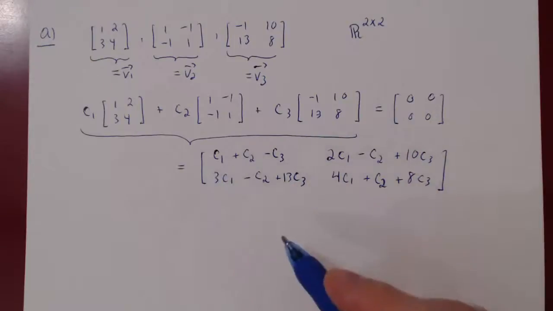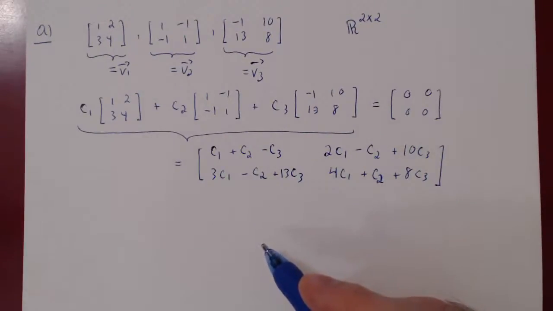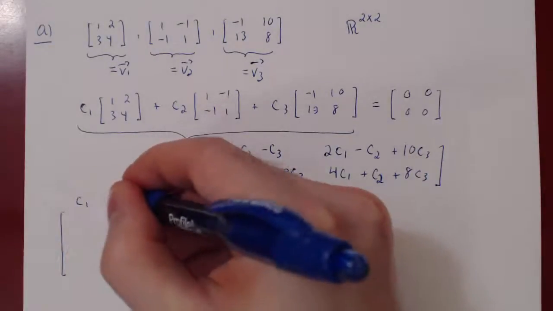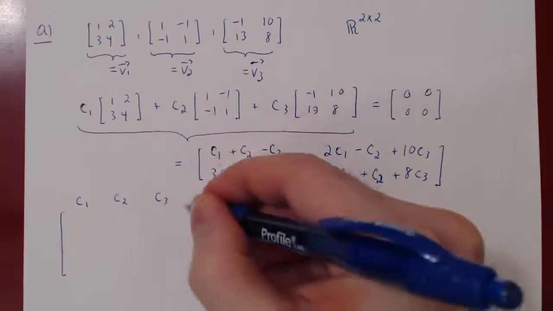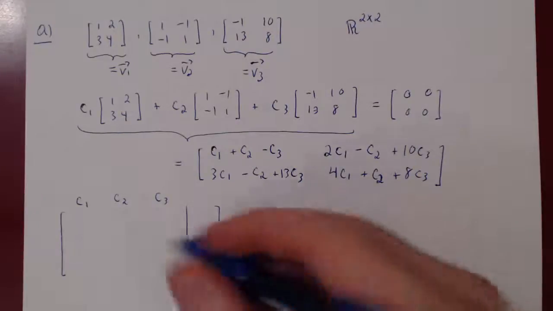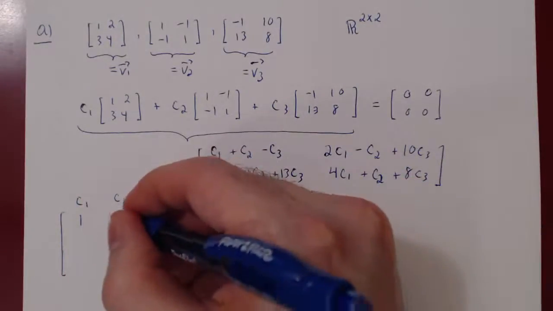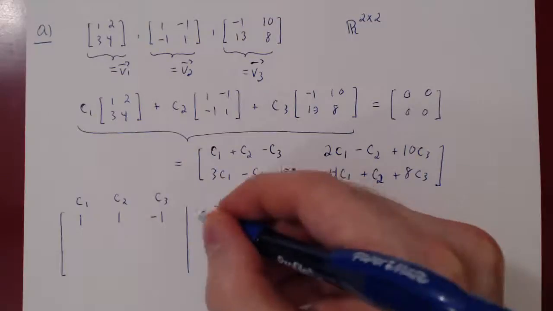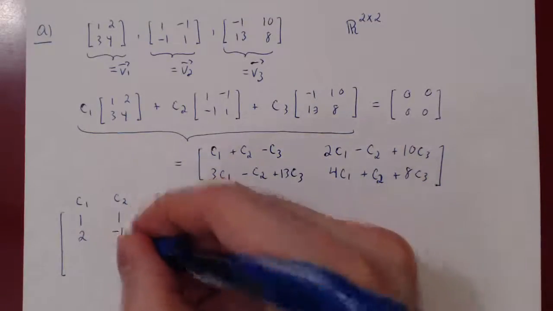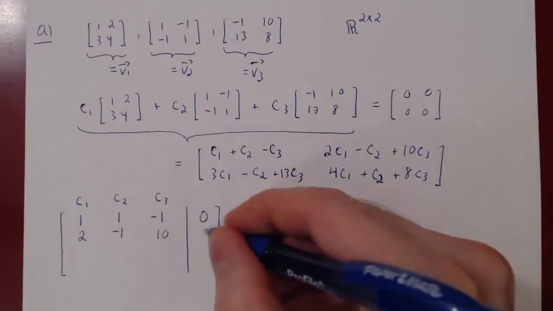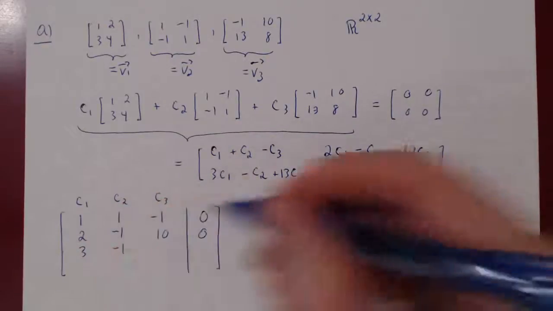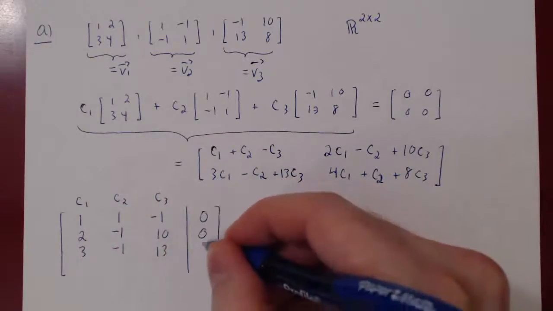I'll write already the augmented matrix of the linear system to save ourselves a bit of writing. Coefficients c1, c2, c3. As we have just said, this must be 0, so 1c1 plus 1c2 minus 1c3 equals 0. 2c1 minus c2 plus 10c3 must equal 0. 3c1 minus c2 plus 13c3 must be 0.